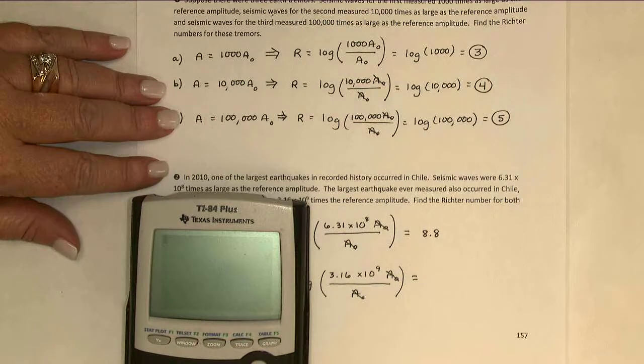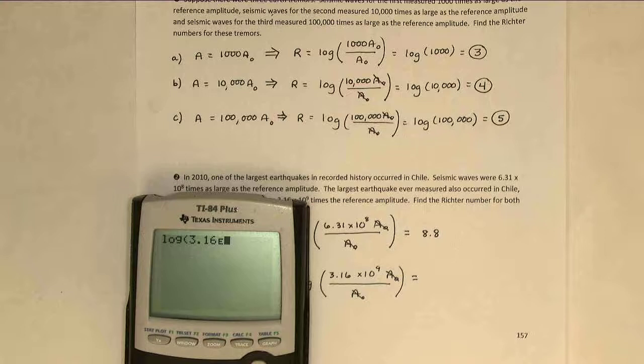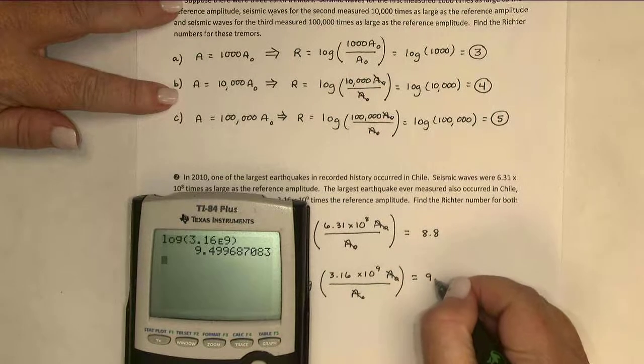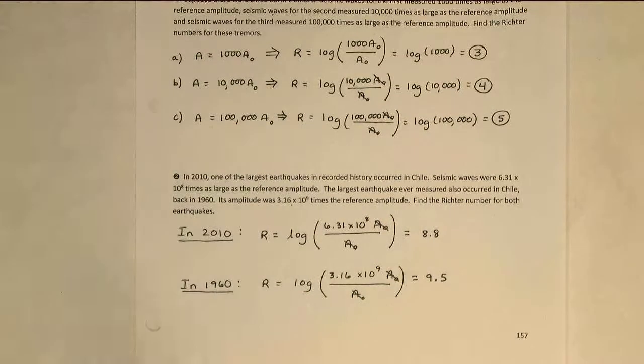I have the common log, base 10, of 3.16, and let's just practice that E for times 10 to the 9th. We've got just about 9.5 there. So a couple of the biggest ever earthquakes had Richter numbers of 8.8 and 9.5.